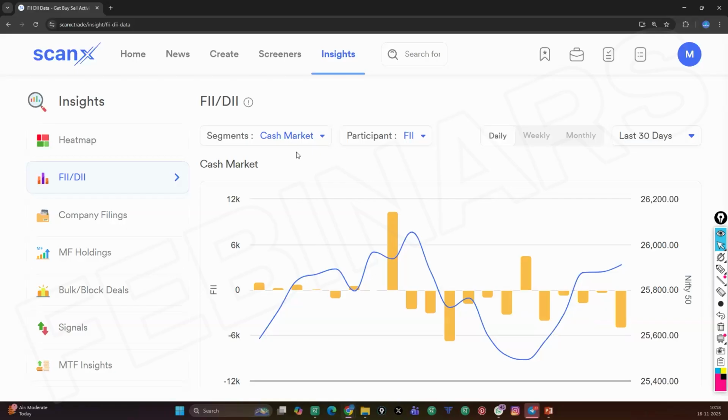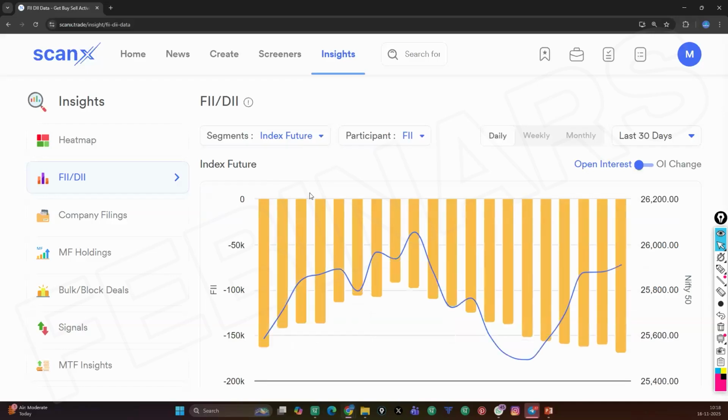So we have to go to the futures data. Are they buying in the futures? What are they doing? From 1,59,000 contracts they had shorted, on Friday they increased to 1,69,000, which means almost 10,000 contracts freshly shorted.